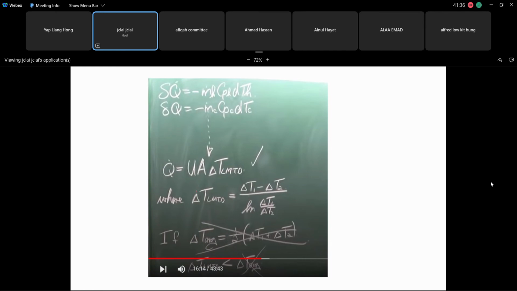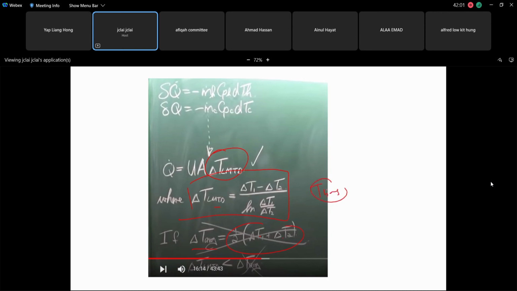He also mentioned that for a heat exchanger the temperature difference you need to use is the log mean temperature difference, not the average temperature difference. Not inlet plus outlet divided by 2, no. Not the T_b average.